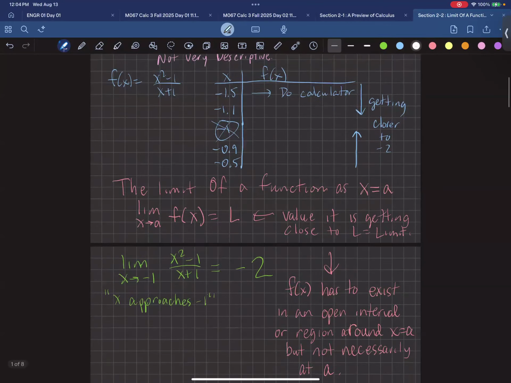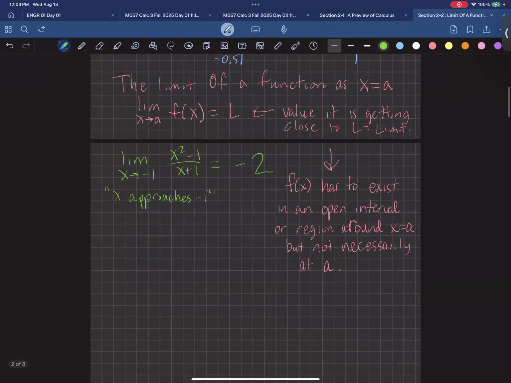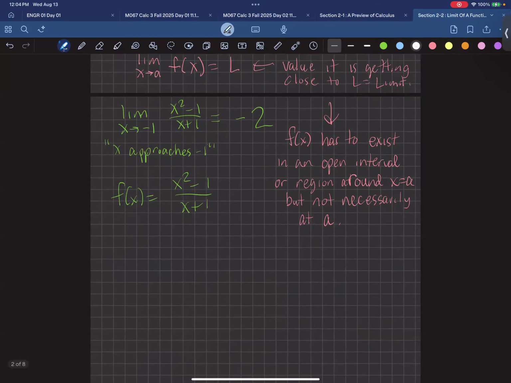I'm going to redraw that graph here of f of x equals x squared minus 1 over x plus 1 to illustrate some more ideas. We'll do more on graphics in a little bit, but I think graphically really helps show what's going on here a little bit better. And we have the hole here right at this value. It crosses the y-axis at -1, and it's doing that.